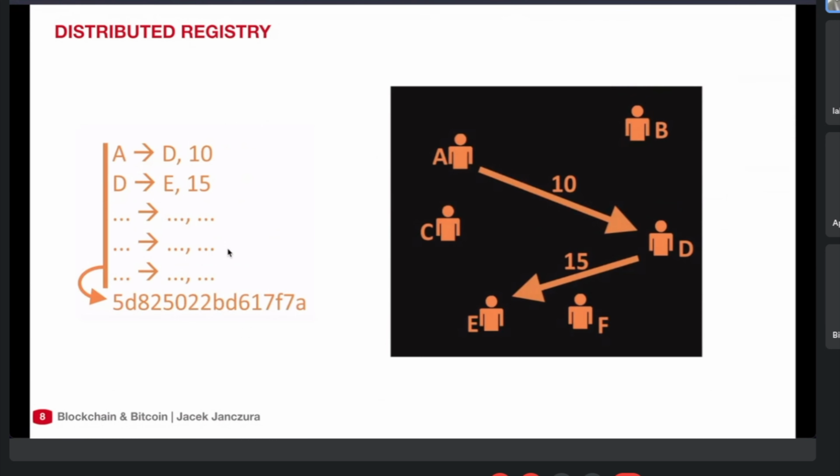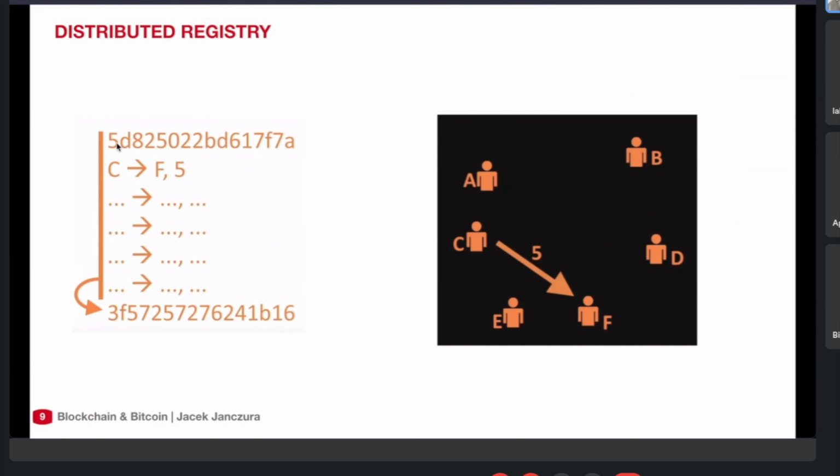They take the transactions from the whole page and hash them, so it's a proof that no one can modify the transactions. Then they turn to a new page. They put the hash of the previous page on top, and they start writing down the transactions. C sent F $5. So all of them note it down. And when the page ends, they make a hash and turn to a new page.